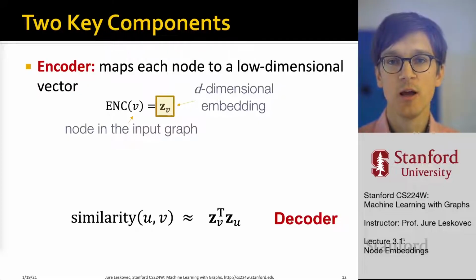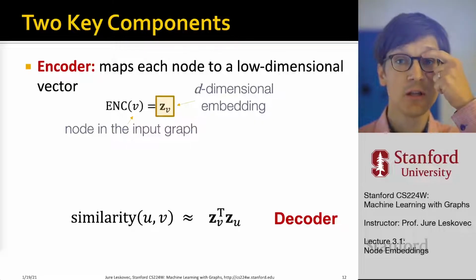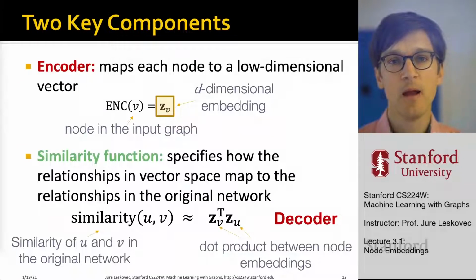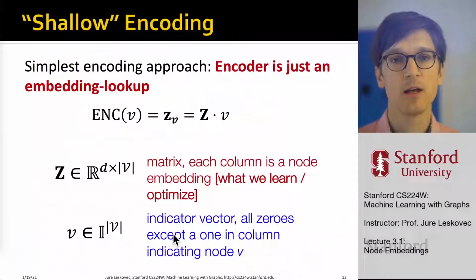This is usually how many dimensions people choose, but of course it depends a bit on the size of the network and other factors as well. And then, as I said, the similarity function specifies how the relationships in the vector space map to the relationships in the original network, and this is what I'm trying to show an example of here.